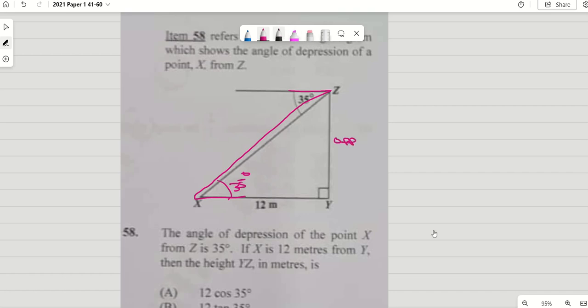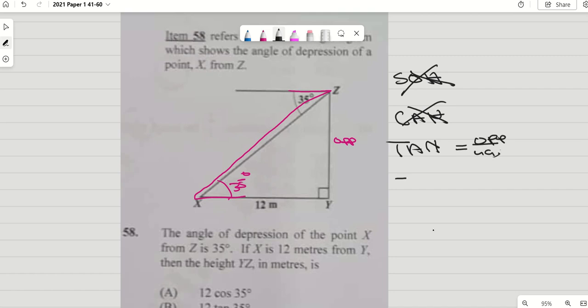We're looking for one that has opposite and adjacent. It will not be sine. Cos has a hypotenuse, so it will be tan, that is opposite over adjacent.